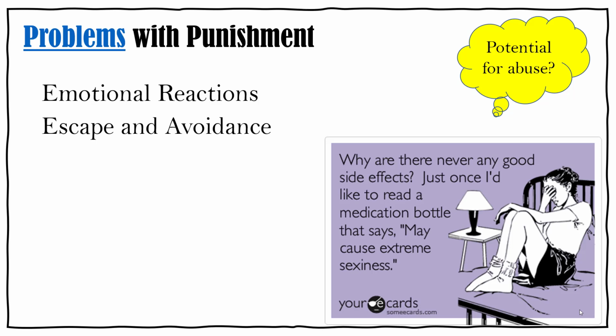If there's a clear reason why you engage in a behavior and you receive an aversive stimulus, then you don't get so much escape and avoidance. But if that's not clear, kids will learn to escape that teacher or escape that person that's administering the punishment.